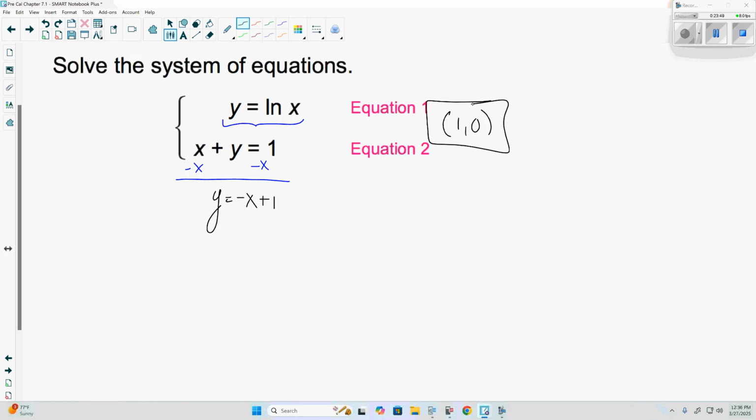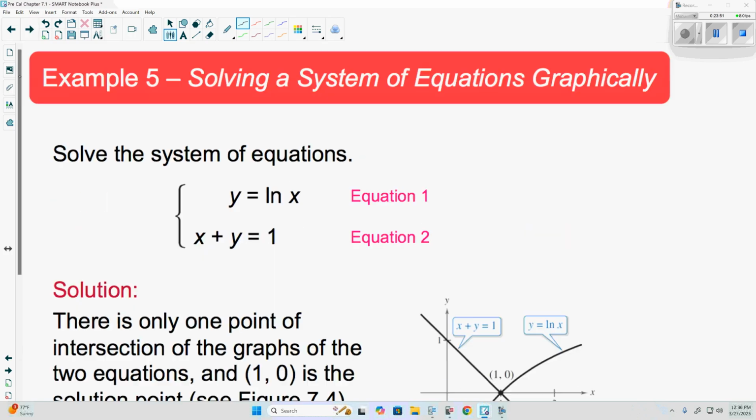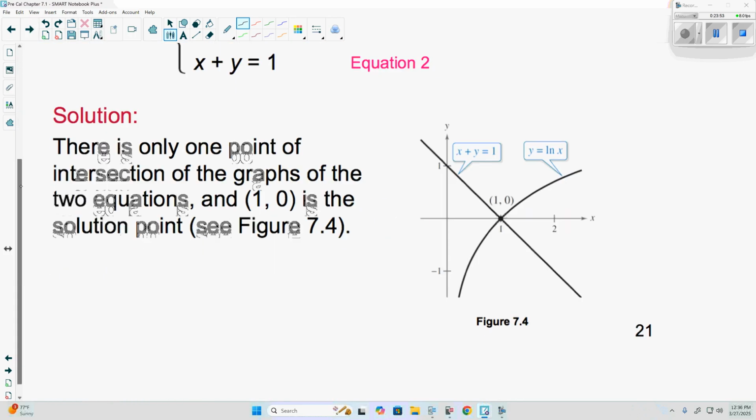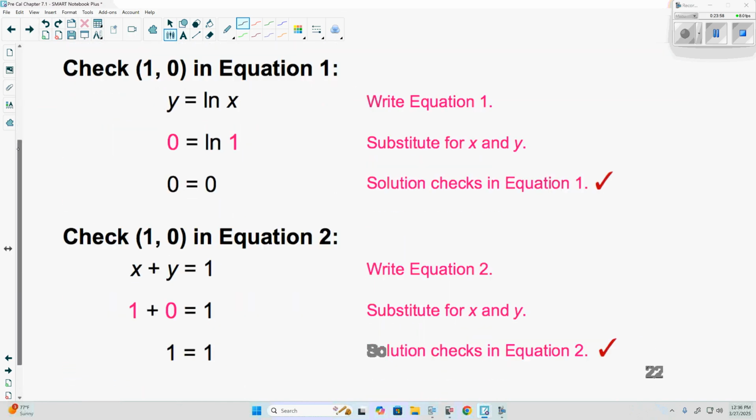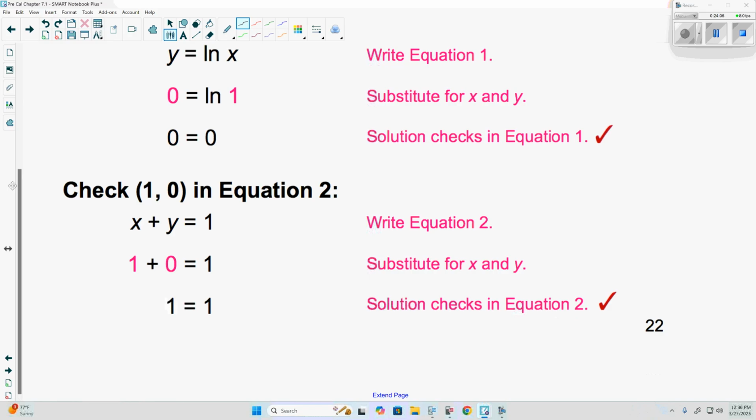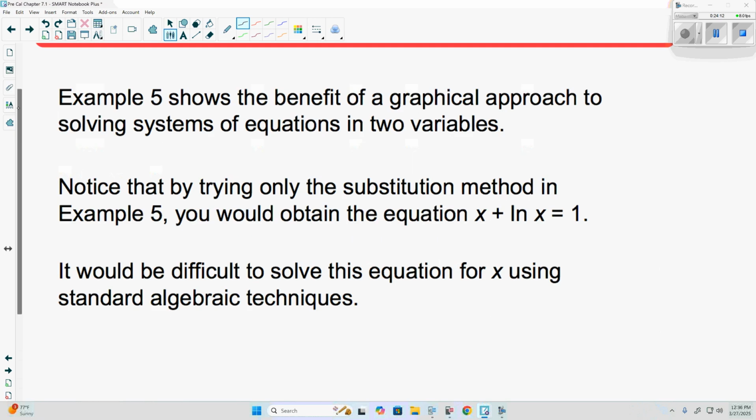And that's it. Because when we graph these, we see where they are the same as at 1, 0. And if we check the solution, 0 equals the natural log of 1. Well, the natural log of 1 is 0. So 0 is indeed equal to 0. Plug 0 and 1 into our other equation, and it works too.